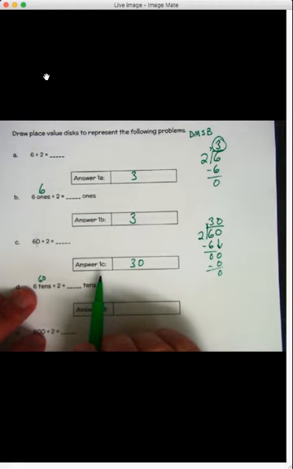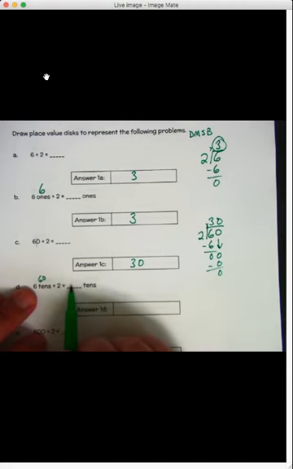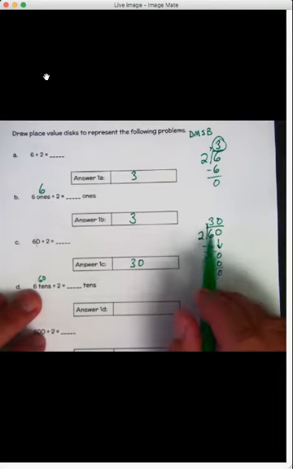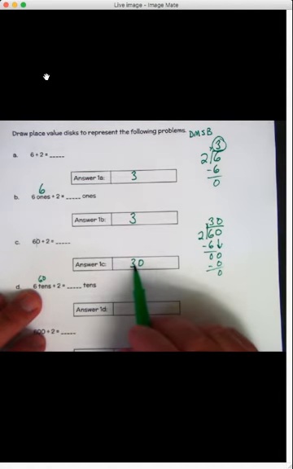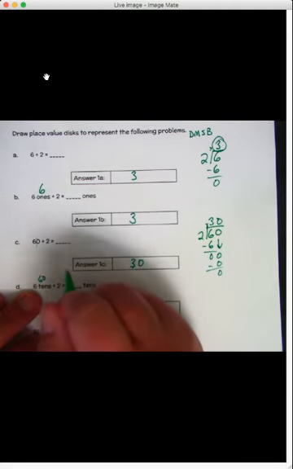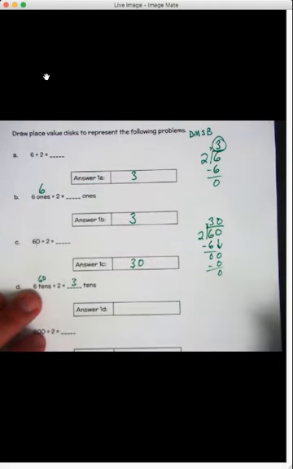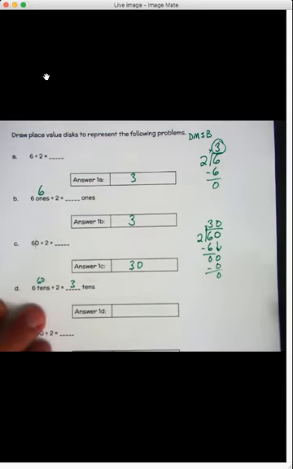Be careful with this one, because if you put 30 here, 30 tens is 300. So we know that 60 divided by 2 is 30, but how many tens is 30? Look in the tens place. How many tens are there in 30? There's 1, 2, 3 tens in 30. What is 3 tens? It's 30, right? So 6 tens divided by 2 is 3 tens.